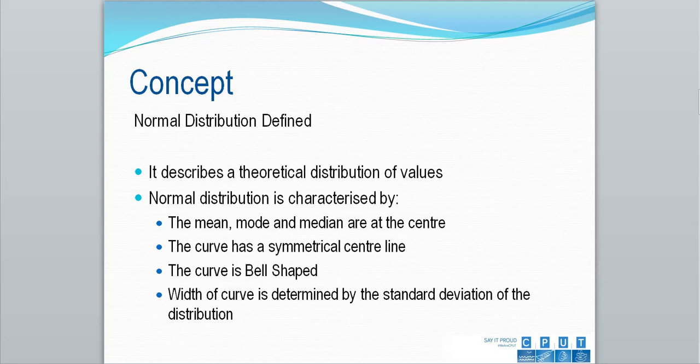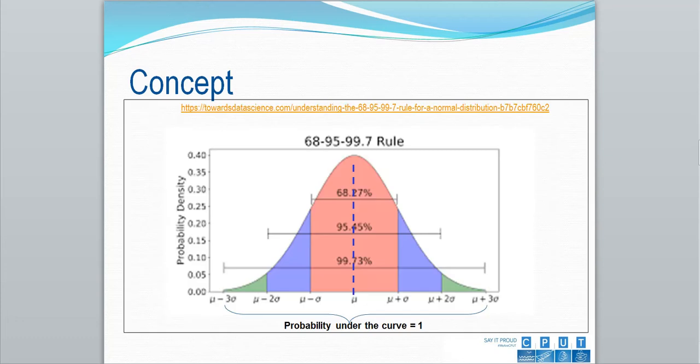So from a collected data, that data can be normally distributed. But to simplify that, let's use a picture which gives us a curve of a normal distribution. So in this curve, there's a center line. And in that center line, the mean, the mode, and the median are all equal.